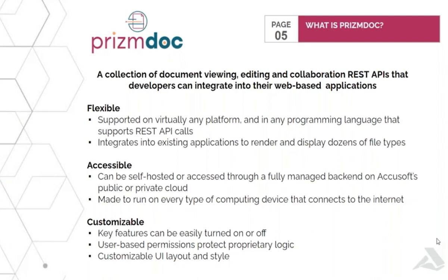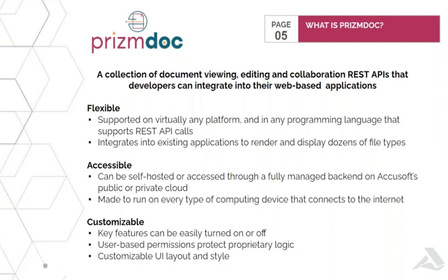Essentially, Prism Doc is a platform that includes a collection of document viewing, editing, and collaboration REST APIs that developers can integrate into their web-based applications. Prism Doc can be supported on virtually any platform and in any programming language that supports REST API calls.